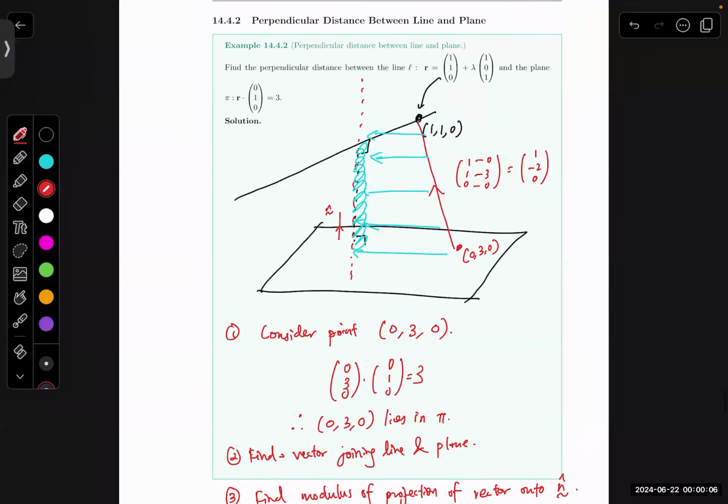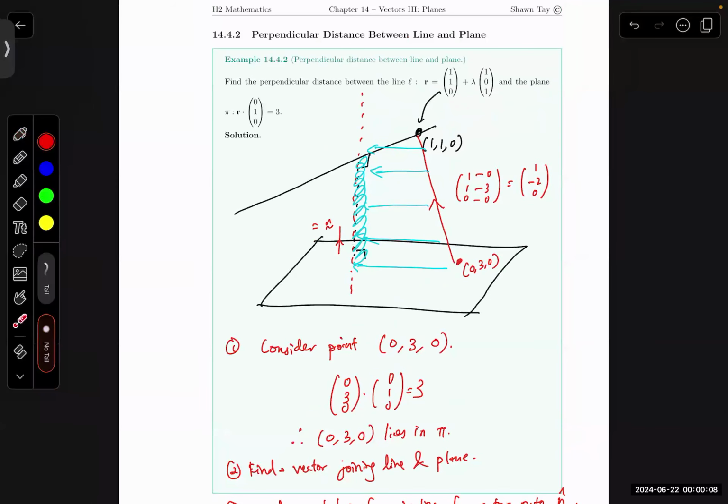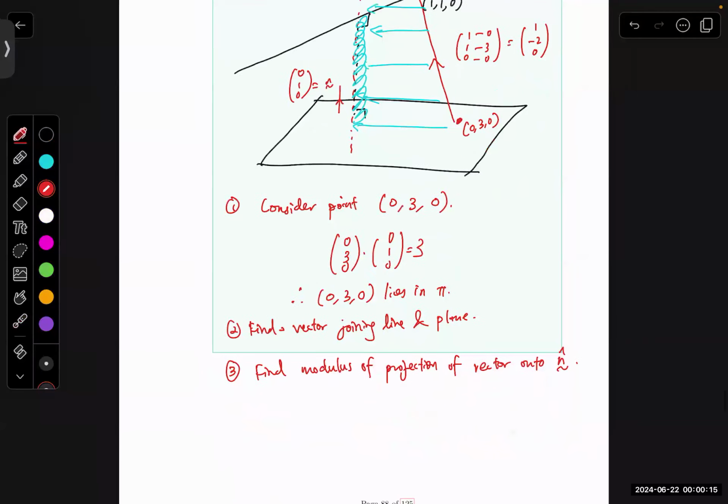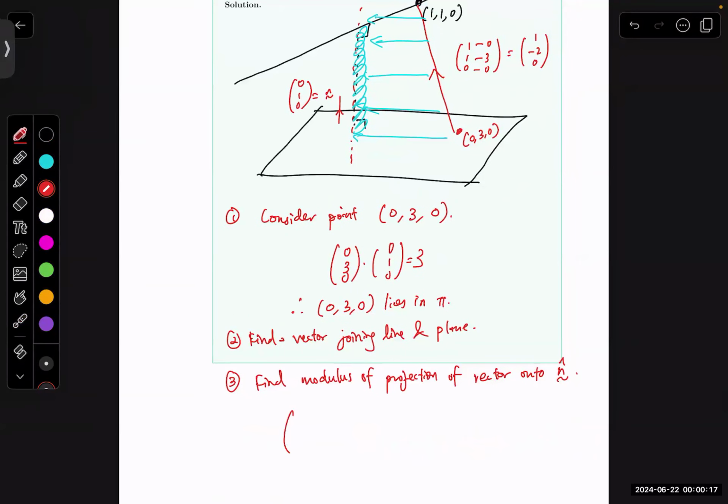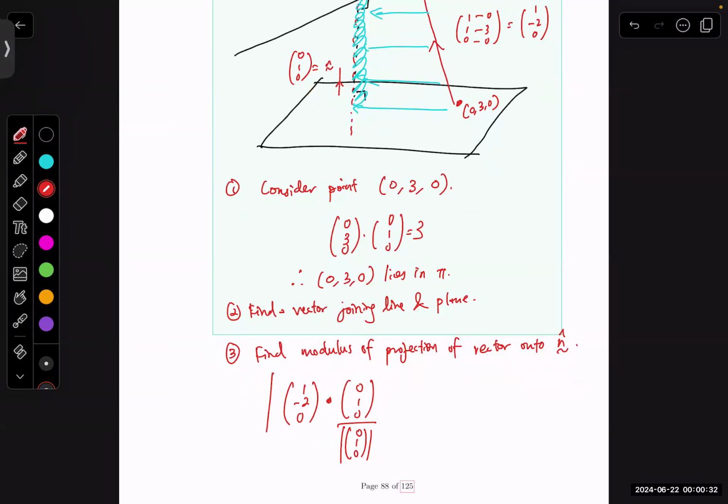In this case, n is, from the question, 0, 1, 0. So let's write down how to find this. I take 1, -2, 0, project onto n hat, 0, 1, 0. By right, I need to divide by the modulus, but it just so happens that this one is a unit vector. I find the modulus of this. This is the perpendicular distance.